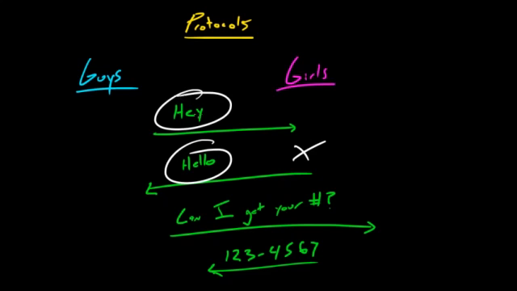And the last rule I want to talk about is whenever the guy sends a message, a specific response from the girl is expected. Whenever the guy says, hey, for example, you're expecting the girl to say, hey, hello, hi, how you doing? Those are the typical responses that make this conversation successful. So if the guy was to say, hey, and the girl was to say, bacon, that wouldn't be a successful communication.